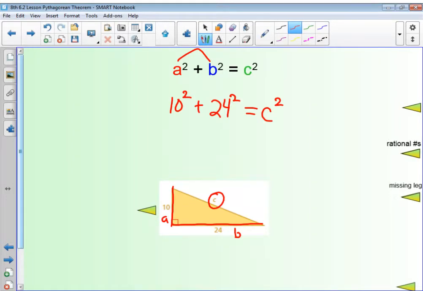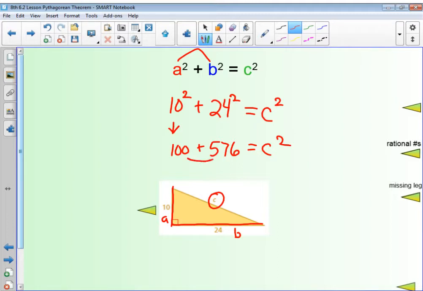Okay, so now I follow order of operations. Let's go ahead and simplify it. So my 10 squared gives me 100, plus, I don't know 24 squared off the top of my head, so 24 times 24 is 576, equals C squared. So now I'm going to finish simplifying that.